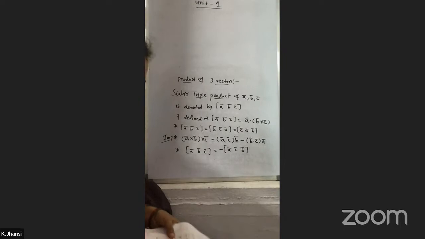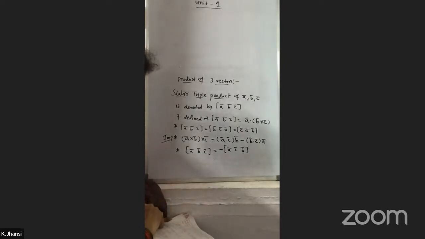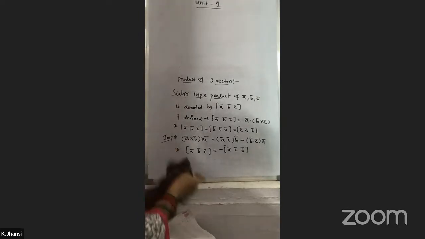Okay. And i, j, k vectors, if you convert them into the components of the vectors i, j, k, there also conditions are there.